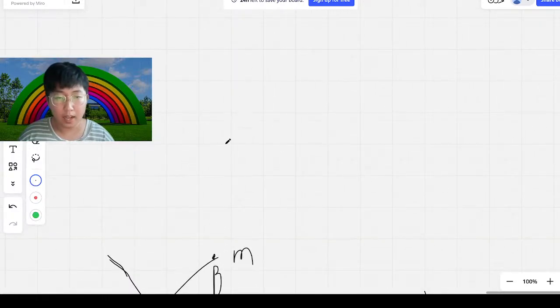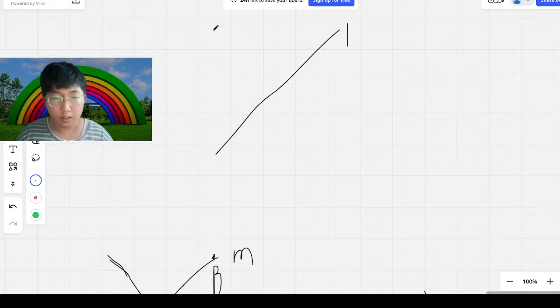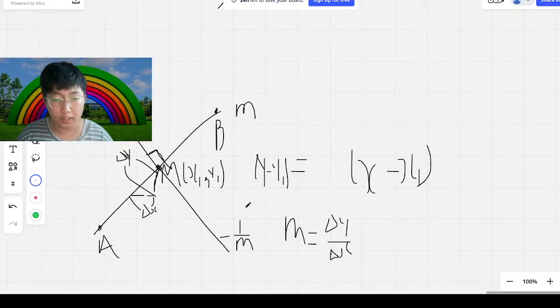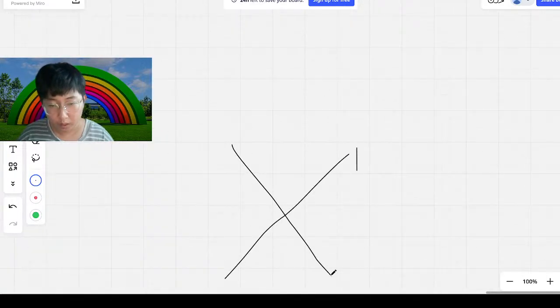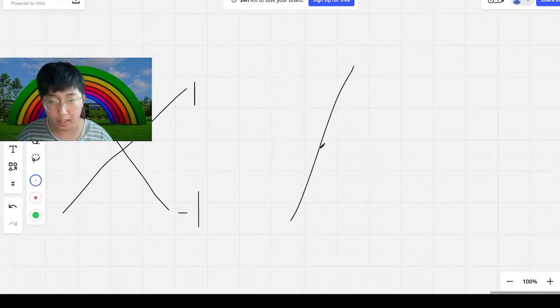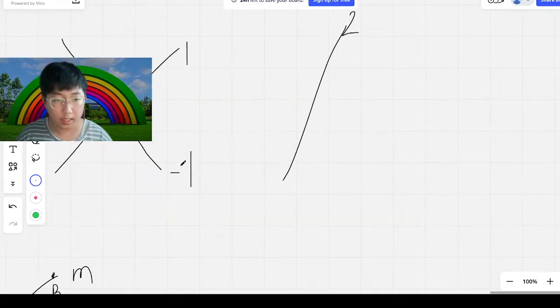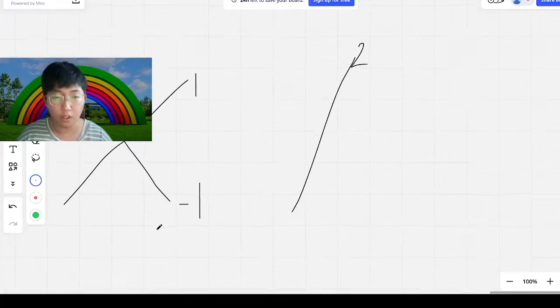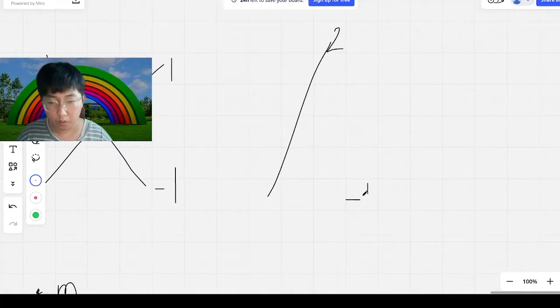So let's say this is a gradient of 1. Then if we substitute 1 into this, this is -1. So it is 1 and -1. But if it is steeper, let's say 2, then it will have -1/2, which means that it is shallower, but it is going down.